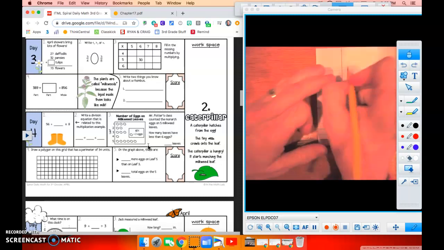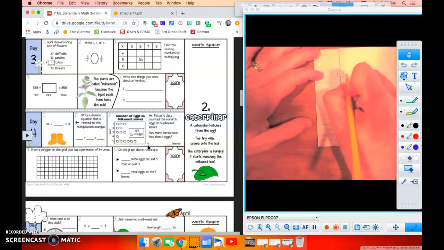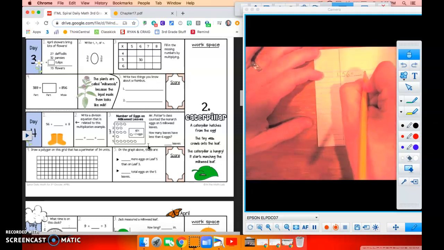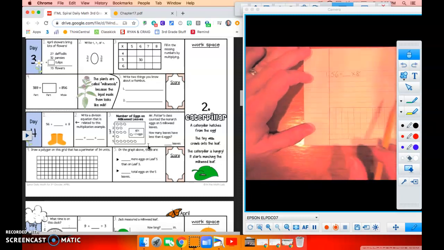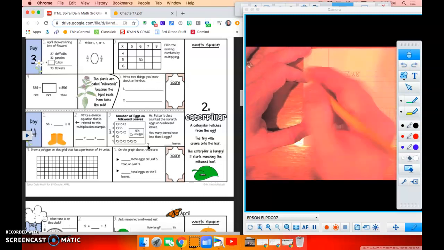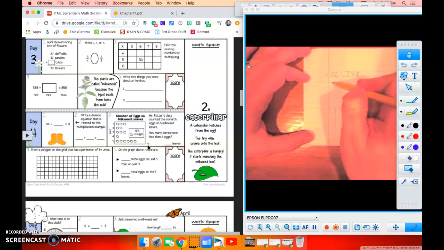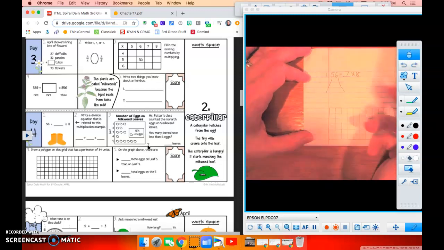So number 1, here we go. 56 equals something times 8. With our fact families, we know that 7 times 8 is 56. If you remember our fact families, it used to be like the old fact triangles we had back in the day with addition and subtraction, right?